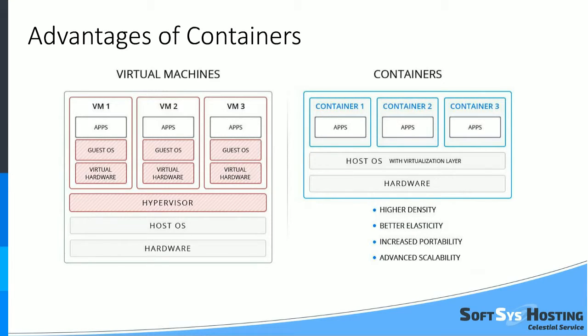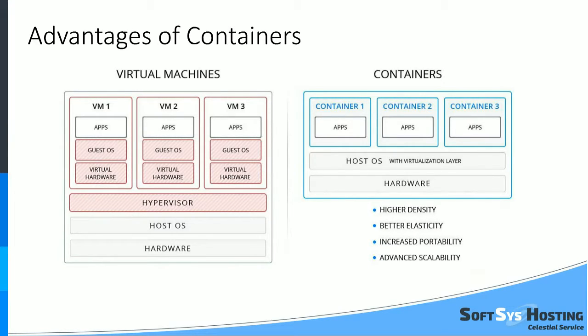When you compare this to containerized technology, it removes several layers from this traditional virtual machine setup. You have a host operating system installed on hardware, which directly holds containers with your apps. This eliminates the hypervisor, virtual hardware, and guest operating system that are required in a virtual machine setup.